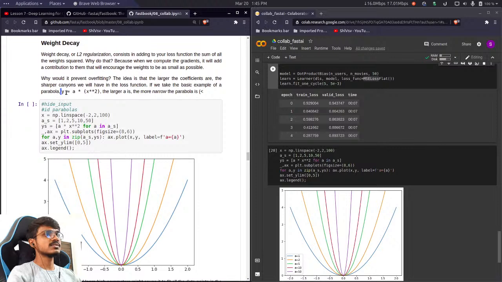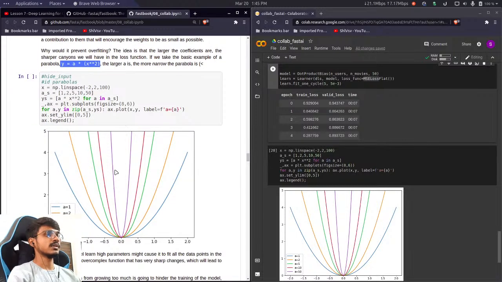Wait, does this parabola represent the loss function? And suppose it represents the loss function, then why is this worse than having this kind of parabola?